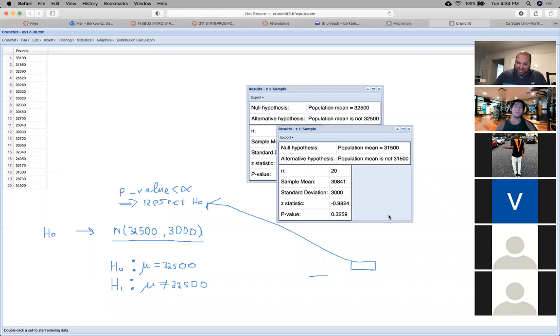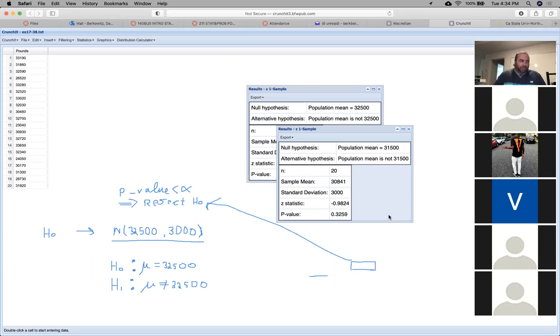Not guilty. Guilty or not guilty, right? We can't find the defendant innocent. We never do. We just don't have enough evidence to say that the person is guilty. Same thing here. We never accept the null hypothesis, ever. It's all about, is there enough evidence to reject it? Or is there not enough evidence to reject it?